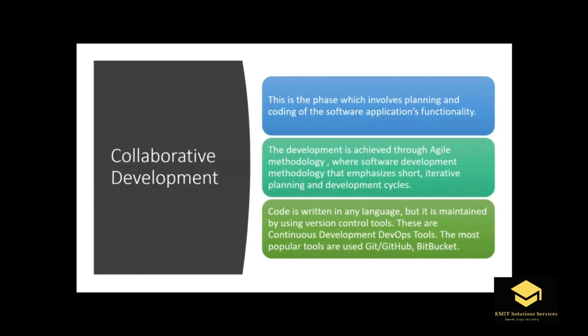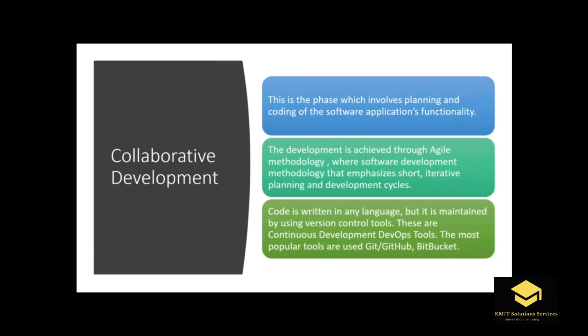Let us talk about collaborative development. Here we are only talking about the developer's point of view. The developer plans and writes the code and stores it in some version control, like GitHub, which is a very popular tool from the DevOps point of view.